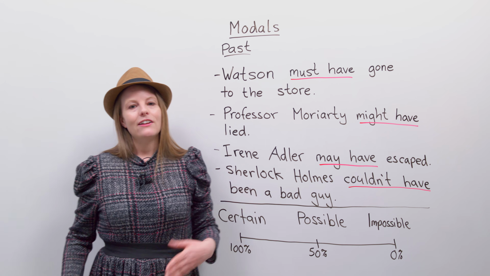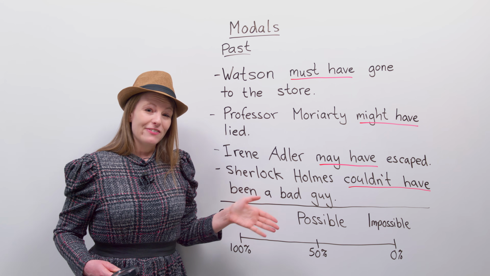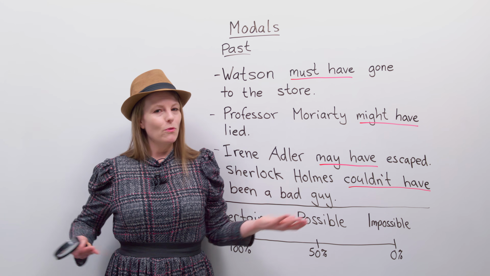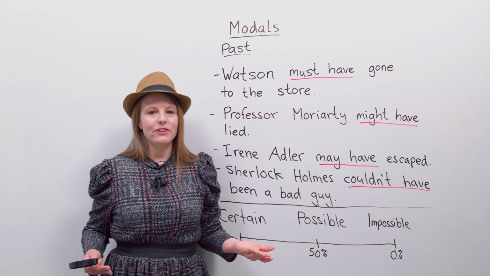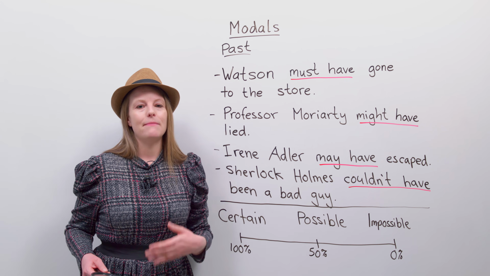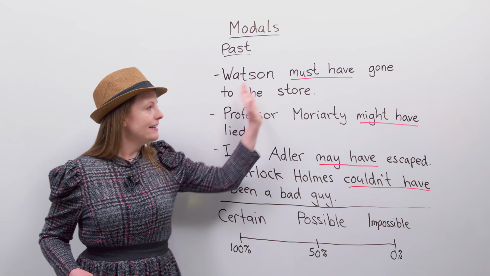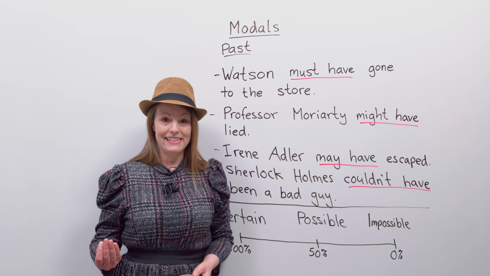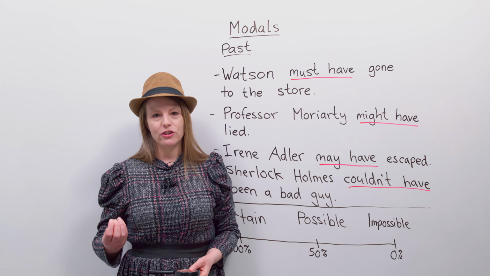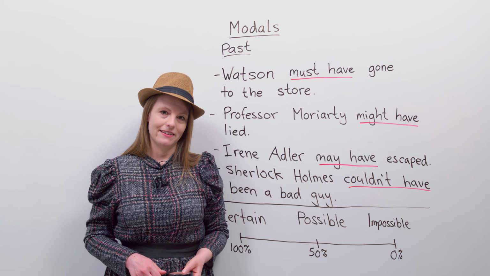So we'll talk about each of these in a moment, but what does this all mean? Well, we use modals, past modals, in different ways. These past modals are all examples of certainty, how certain we are of something.